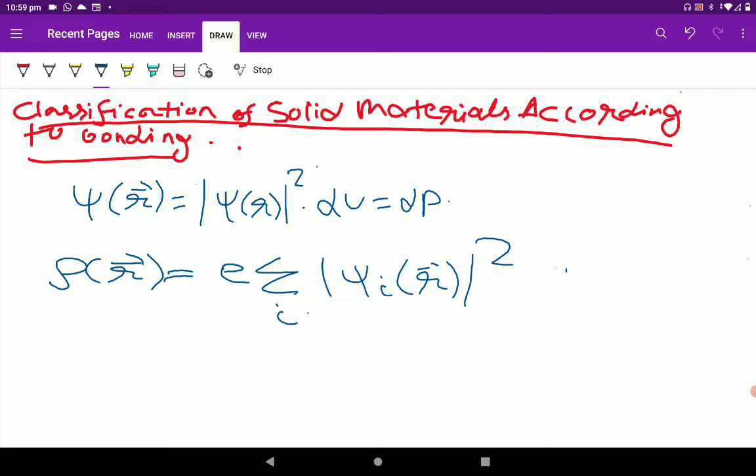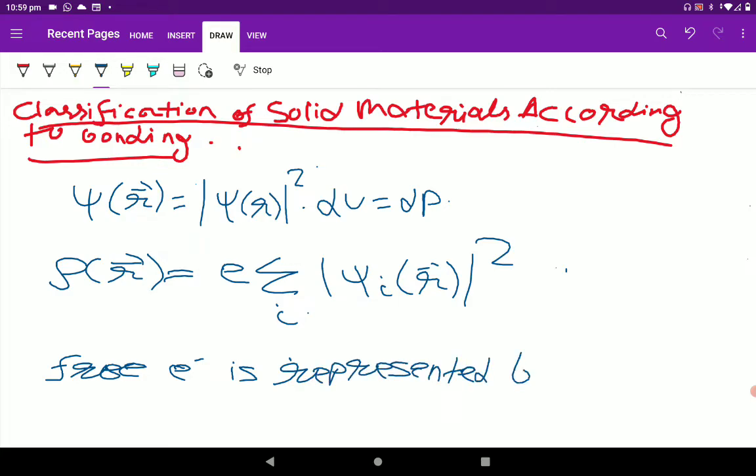You should remember that in quantum mechanics, a free electron is represented by psi equal to A e to the power minus i k vector r. This is the way to represent the free electron in quantum mechanics.